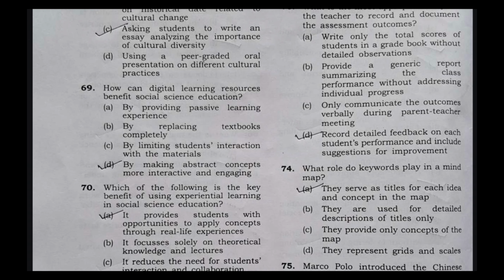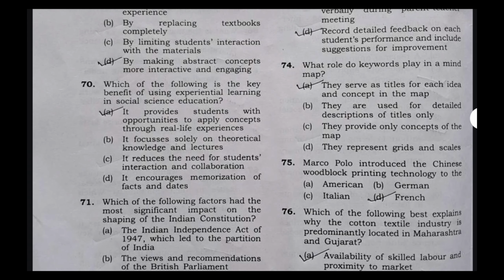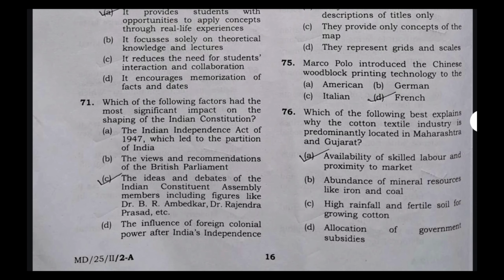The answer is option D, by making abstract concepts more interactive and engaging. Number 70. Which of the following is the key benefit of using experiential learning in social science education? The answer is option A. It provides students with opportunities to apply concepts through real-life experiences.